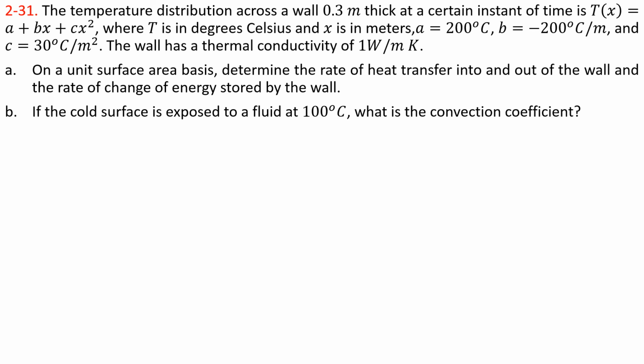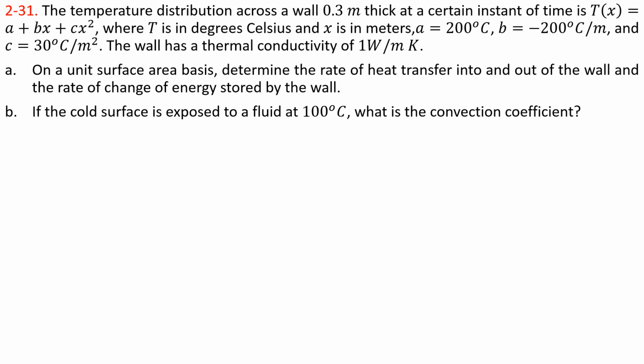The values of the coefficients are given: A is equal to 200 degrees centigrade, B is equal to minus 200 degrees centigrade per meter, and C is equal to 30 degrees centigrade per meter square. The wall has a thermal conductivity of 1 watt per meter Kelvin.